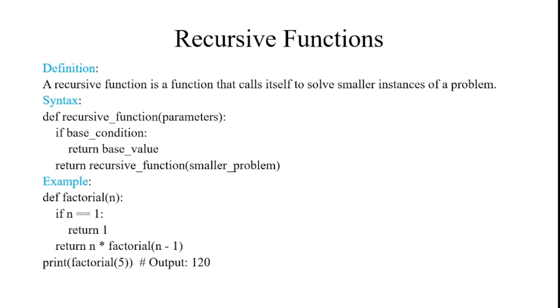When a number is given, we multiply this number with the next number by reducing its value by 1, and this multiplication continues until we reach 1. So 1 is the base condition. If n is equal to 1, return 1, otherwise return n into factorial of n minus 1. So if we give the value 5, the process will be repeated again and again, and the output will be 120.